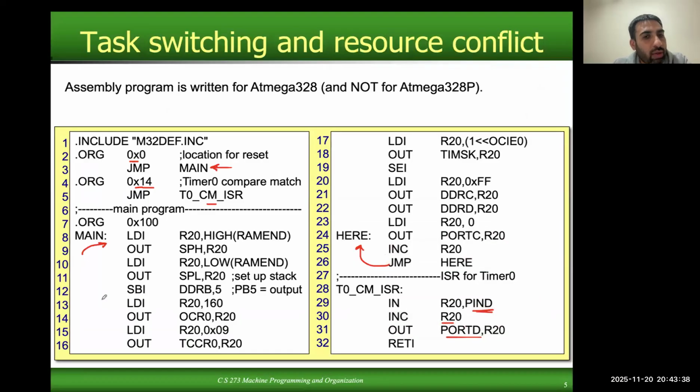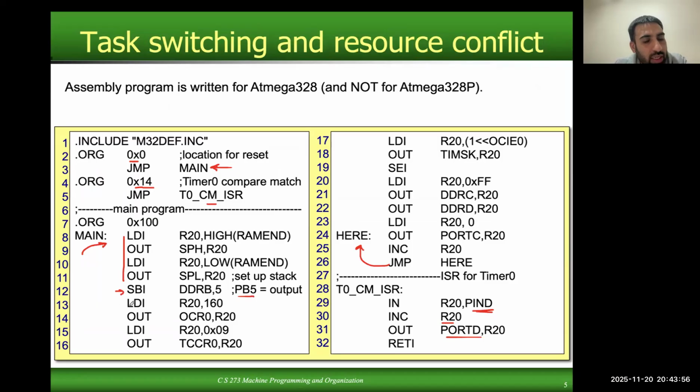Okay, then in the main program, in the first four instructions, we are initializing the stack pointer. Then in the next instruction, we are setting the port B5 as an output pin by saying set the bit at index 5 of the DDR-B register.